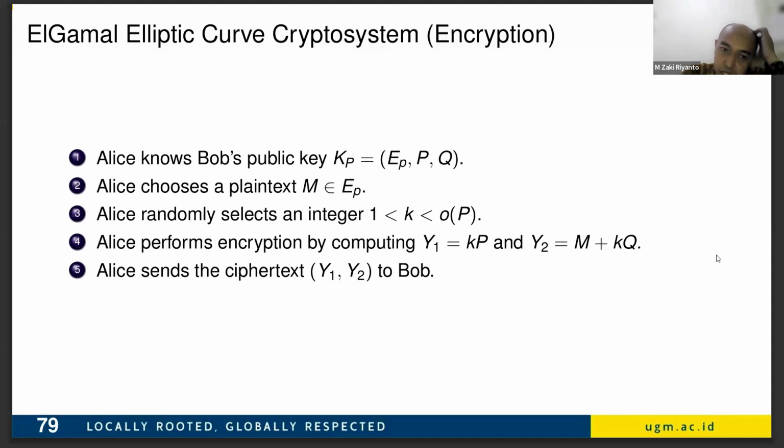And then Alice randomly selects an integer k, and then Alice encrypts the plaintext M by computing two values, y1 and y2. The y1 is kP and the y2 is M plus kQ. And then Alice sends the ciphertext y1, y2 to Bob.